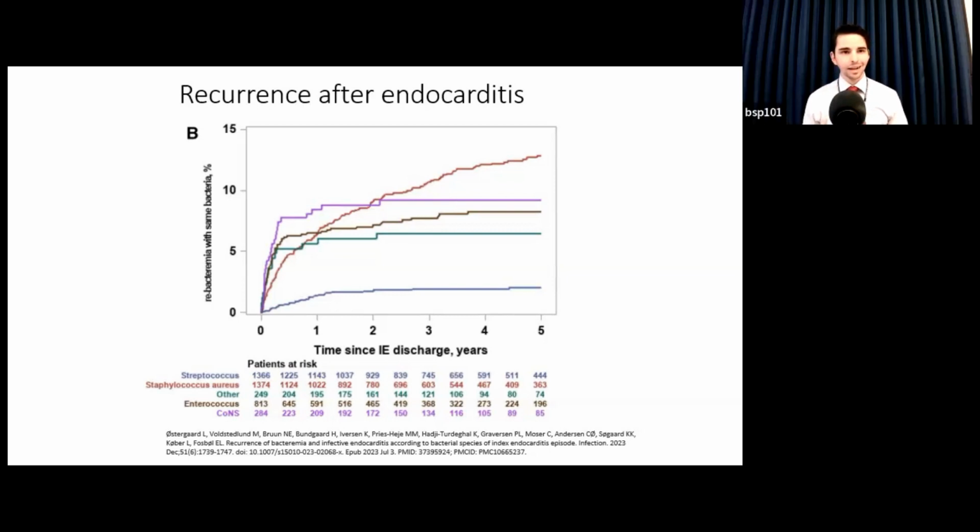You would think that after a certain amount of years go past, your risk of recurrent bacteremia would level out. And that happens with the majority of organisms. But 5 years out from infective endocarditis with Staph aureus bacteremia, patients are still recurring. And it reaches a recurrence rate at 5 years of about 10 to 15%.